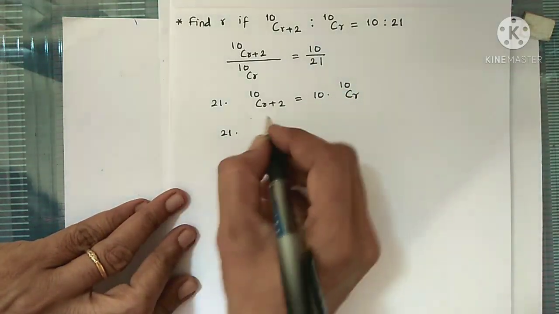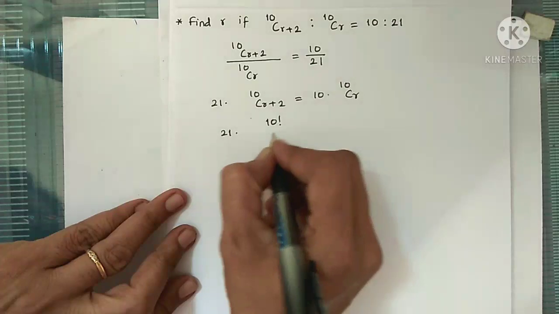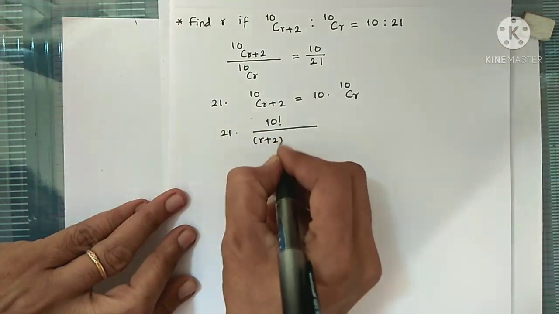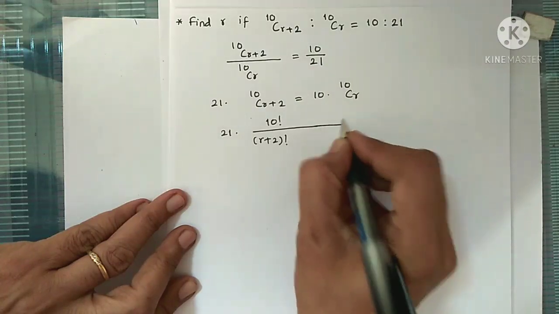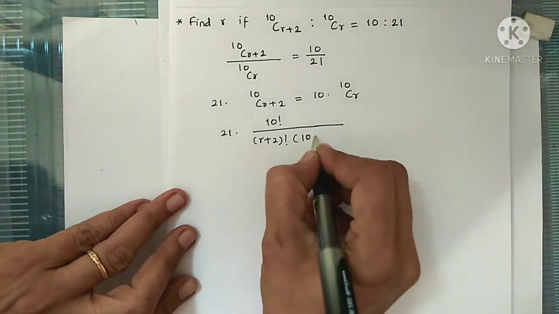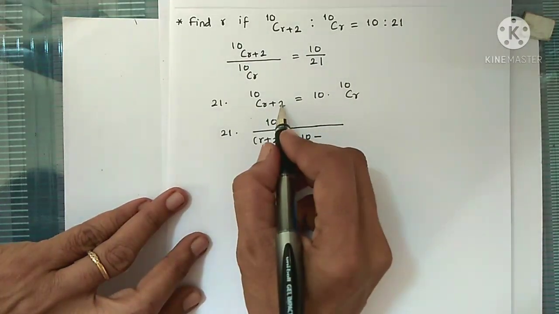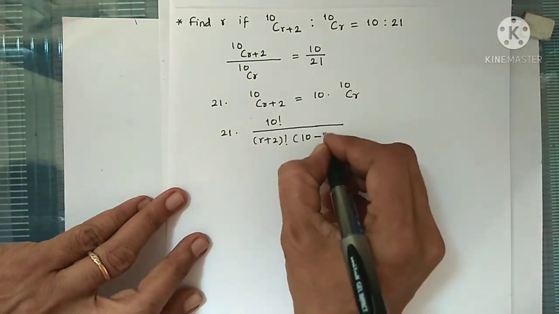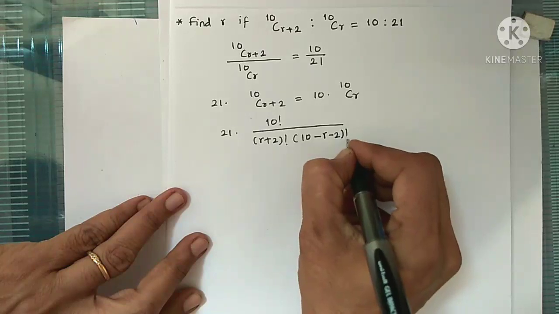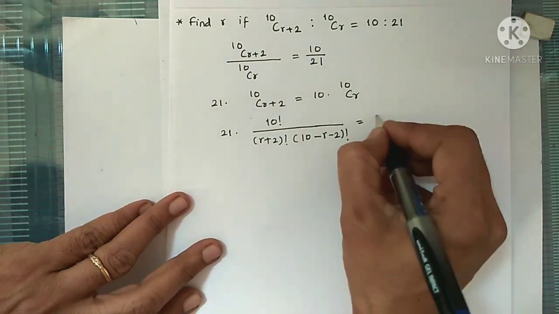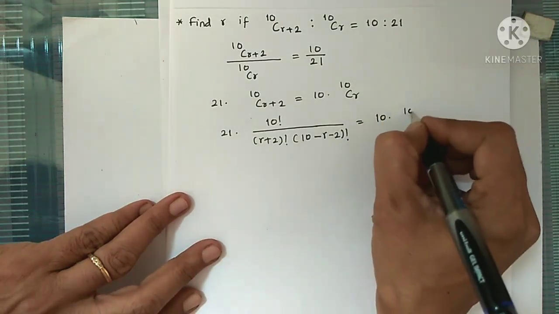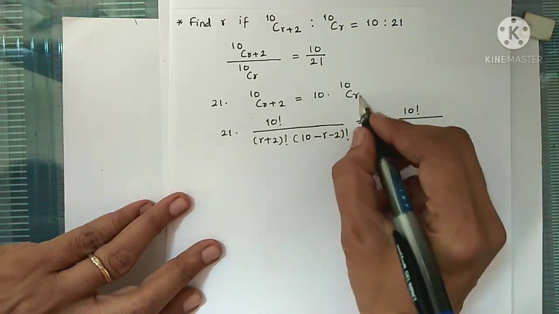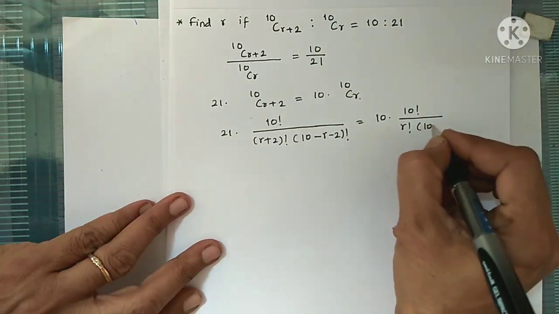So this is 21, 10 factorial, then factorial of this term, and then factorial of the difference. So 10 minus bracket r plus 2, that means we have to change the sign of both the terms. So it is minus r minus 2 factorial, equal to 10 multiplied by 10Cr, which is 10 factorial, r factorial, 10 minus r factorial.